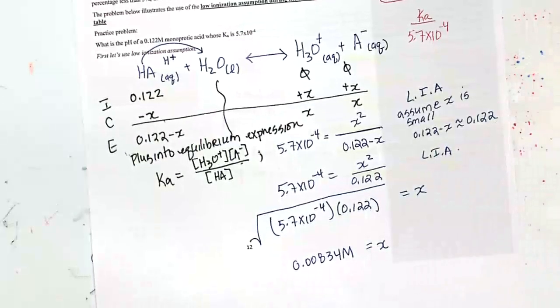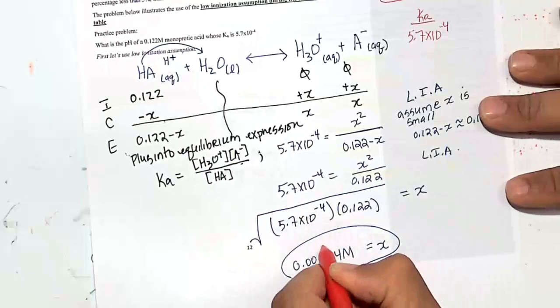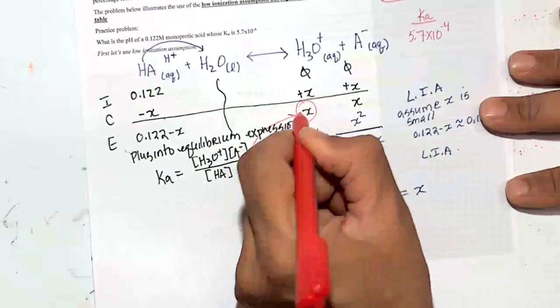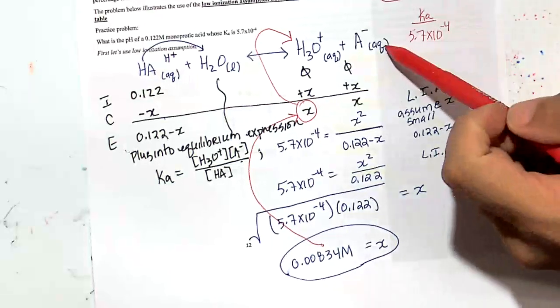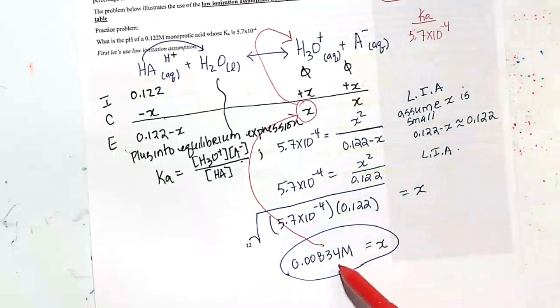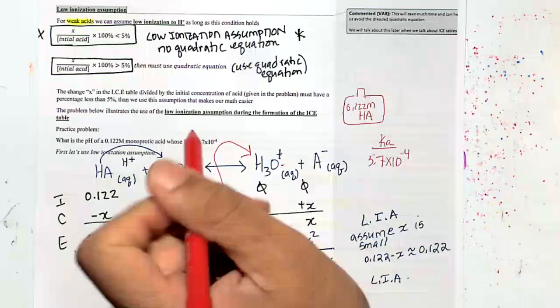That is x. But what is x? I want to convince you that this x that we solved for is the concentration of H3O plus. It also is the concentration of A minus. So 0.00834 is x, the concentration of H3O plus.